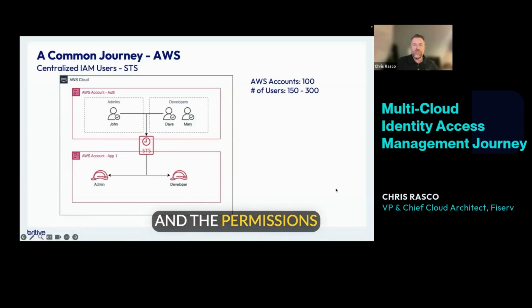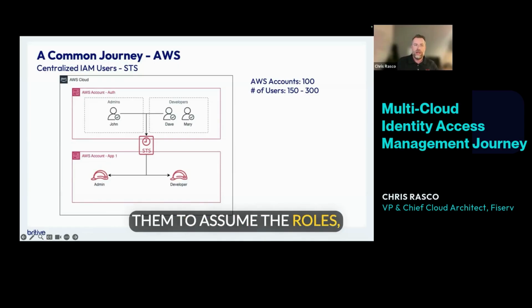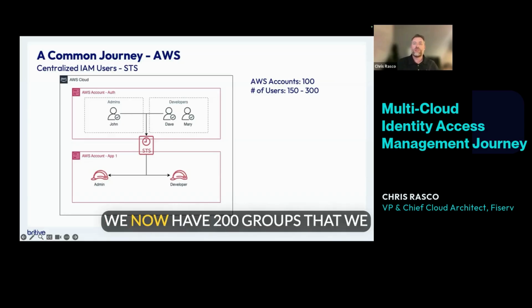The permissions assigned to that group included a policy that allowed them to assume the roles in their app account. But we had to have a group created for each role for each account. So if you think about 100 accounts, and we've only got admins and developers as the roles we've deployed, we now have 200 groups that we have to manage the membership for.